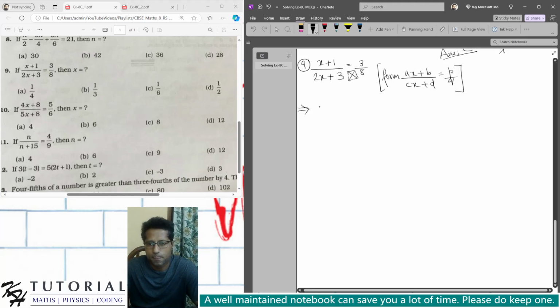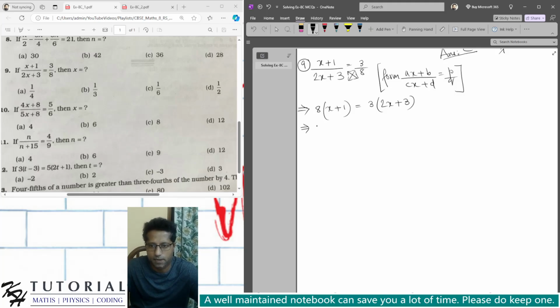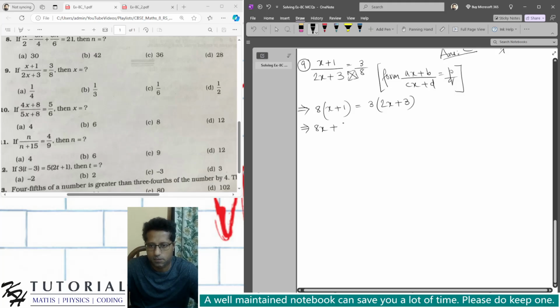So after applying cross multiplication, we get 8 into x plus 1 is equal to 3 into 2x plus 3. Doing the products on both the sides, that is applying the distributive law of multiplication over addition, we get 8x plus 8 is equal to 6x plus 9.